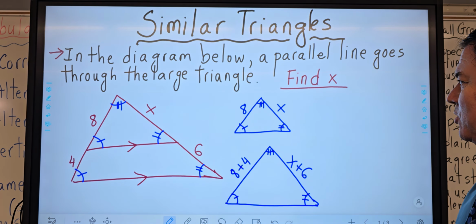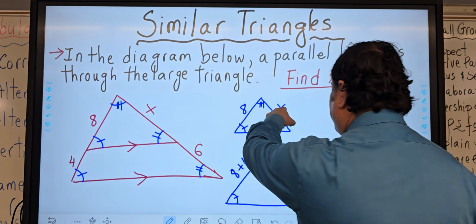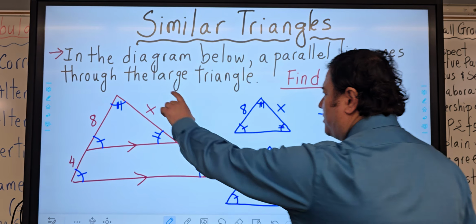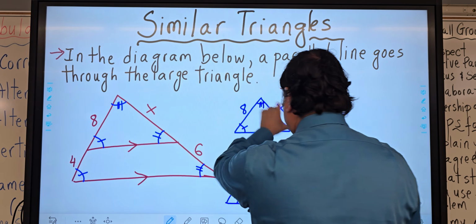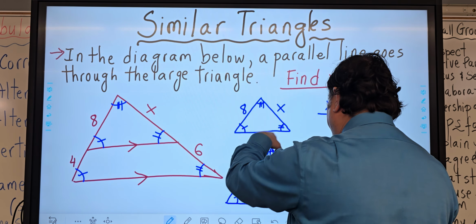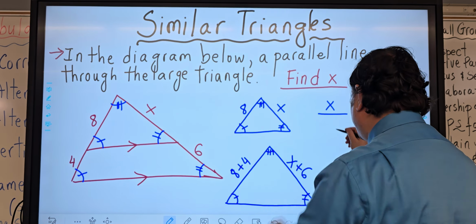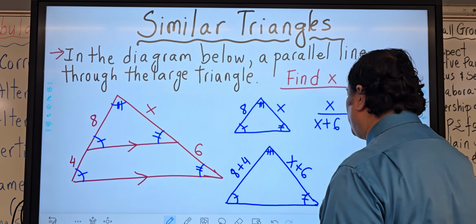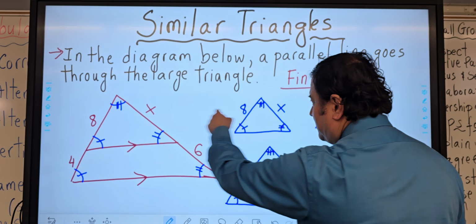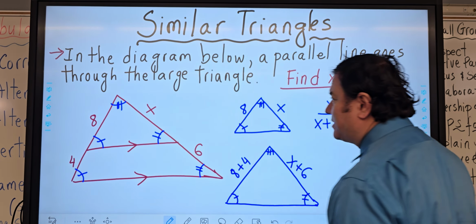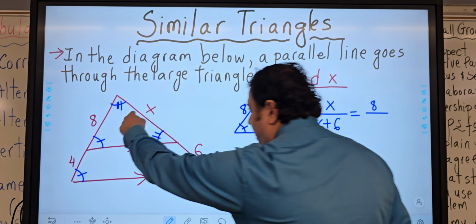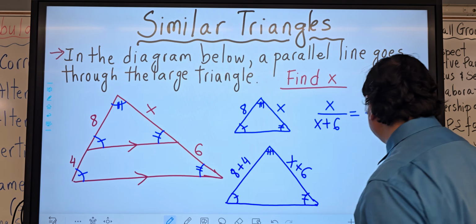So we can start with x. We have x over, the smaller side of the smaller triangle divided by the bigger side of the bigger triangle, x plus 6, should equal 8, the smaller side of the other side of the smaller triangle, divided by 8 plus 4.